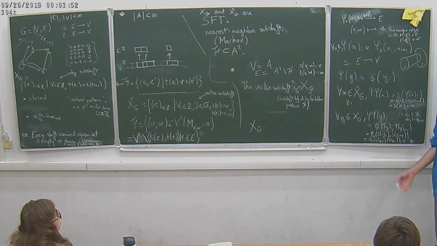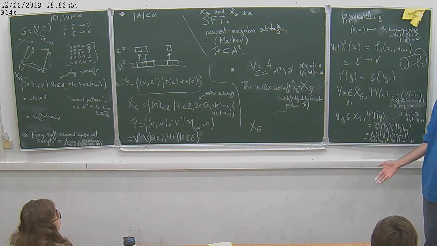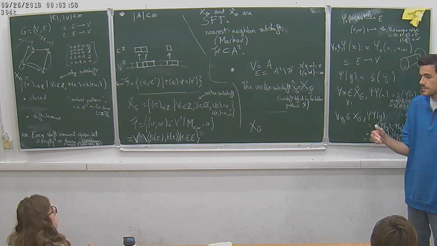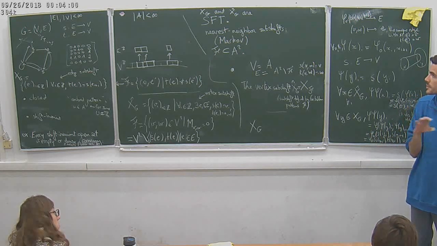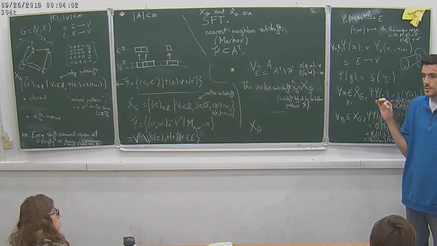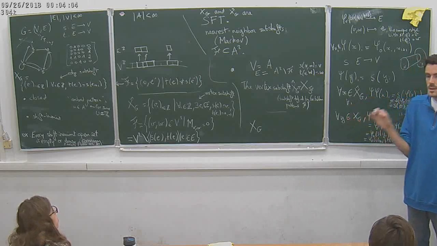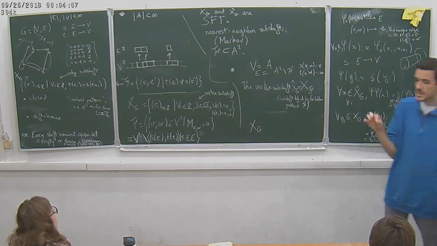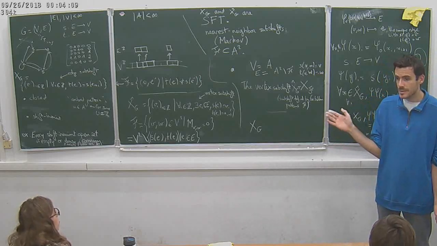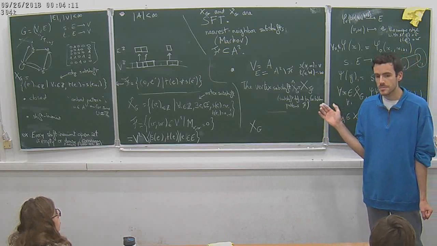So, in particular, it's conjugate to an edge shift. So the nearest neighbor subshifts are exactly the vertex subshifts, and up to conjugacy they are the edge subshifts.